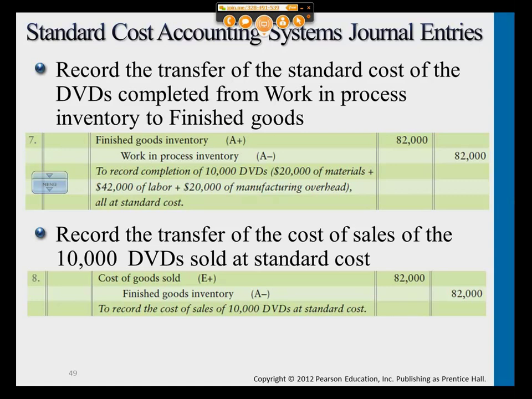So what do we have here? Our 10,000 DVDs are completed, great. So 82,000 is debited to finished goods inventory, and it's moved from the work in process inventory. And we also record completion of 10,000 DVDs, where 20,000 is materials, 42,000 labor and 20,000 manufacturing overhead, all at standard cost.